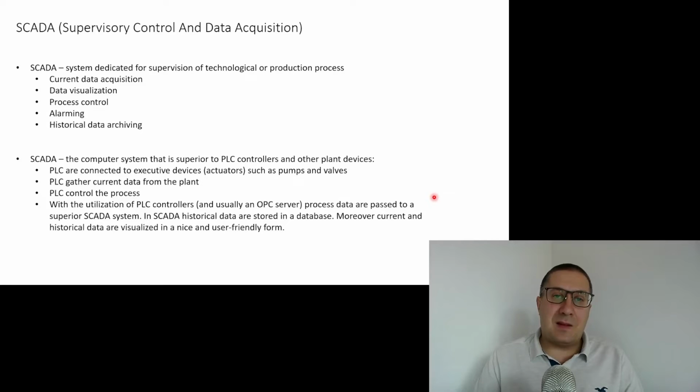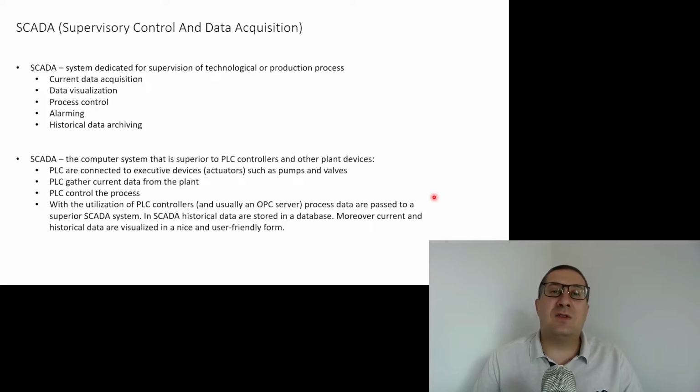Okay. If we have those controllers, it's good to also have a system that allows us to observe the process and also to decide about particular aspects of the process. And this is the SCADA system, the Supervisory Control and Data Acquisition system.